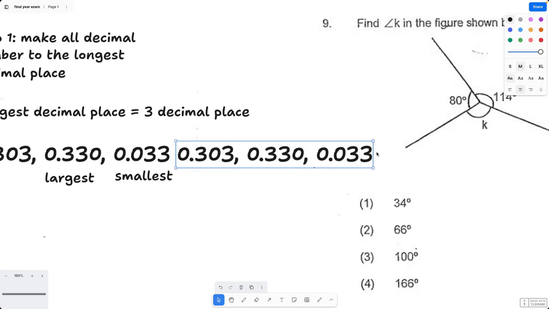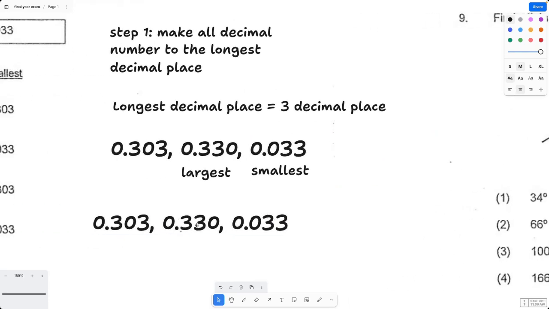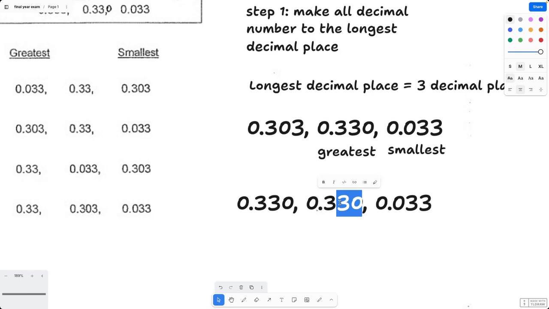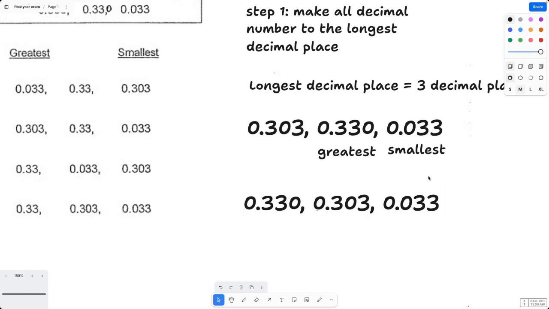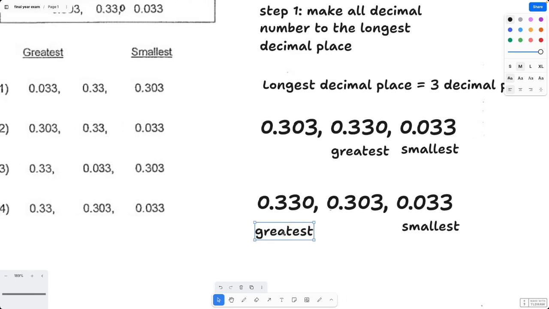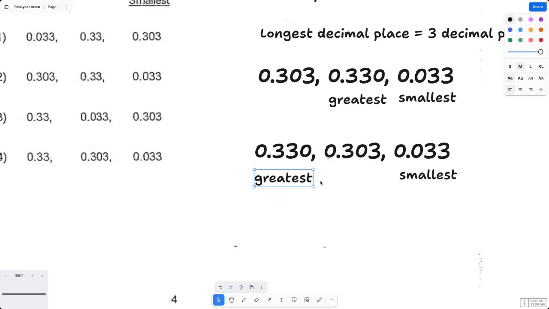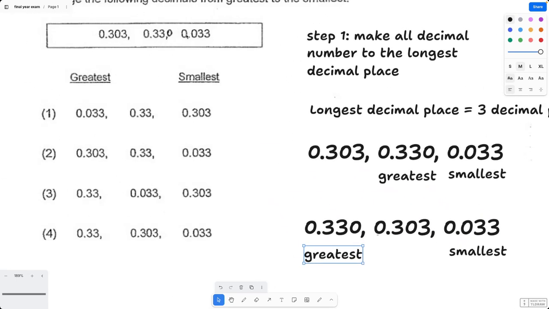So that means the answer to this will be, for this case, greatest: 0.330, 0.303, and 0.033. Okay, and that's it. So the greatest, and this is the smallest again. So now we know the greatest is 0.330. So in a way, we have to simplify because we don't have 0 over here.